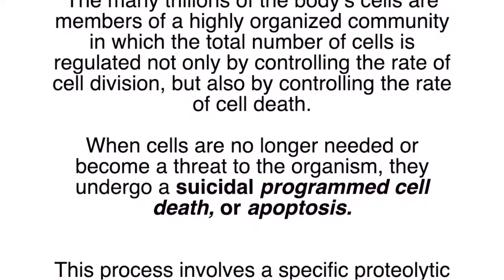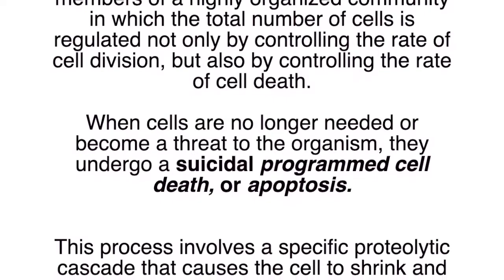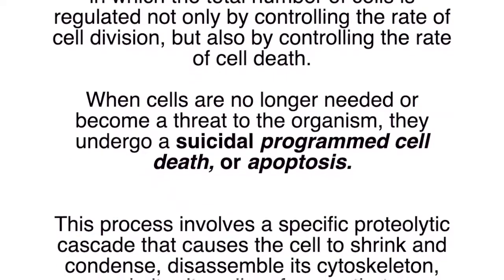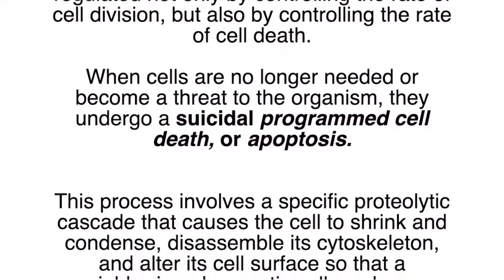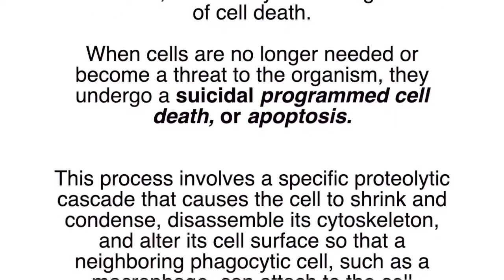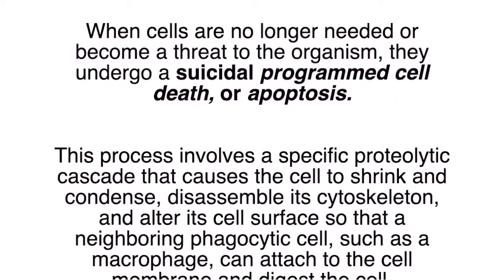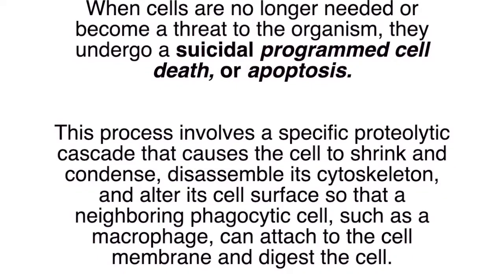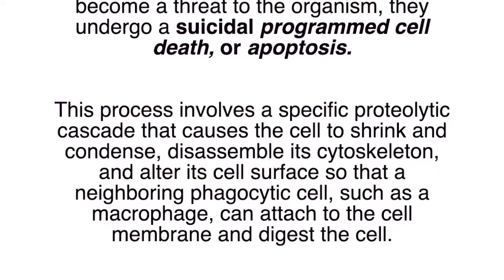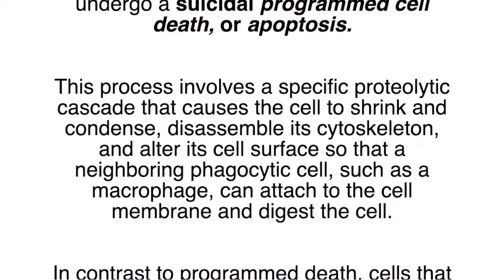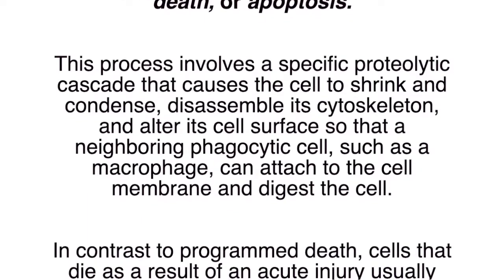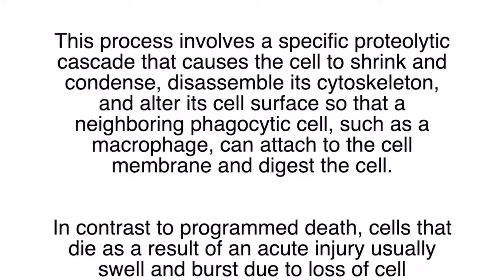This process involves a specific proteolytic cascade that causes the cell to shrink and condense, disassemble its cytoskeleton, and alter its cell surface so that a neighboring phagocytic cell, such as a macrophage, can attach to the cell membrane and digest the cell.